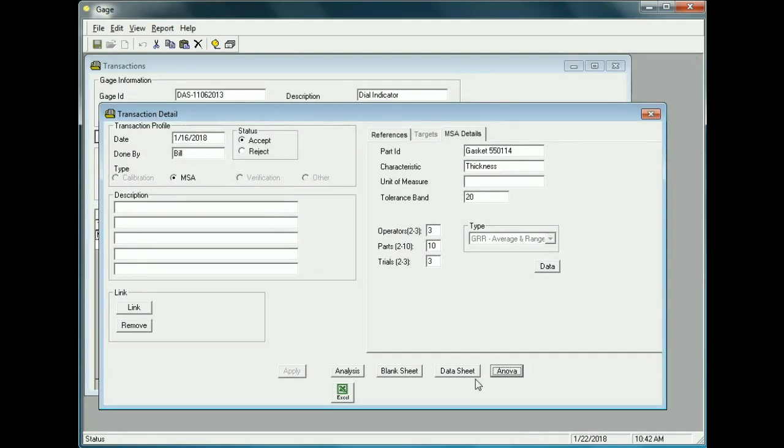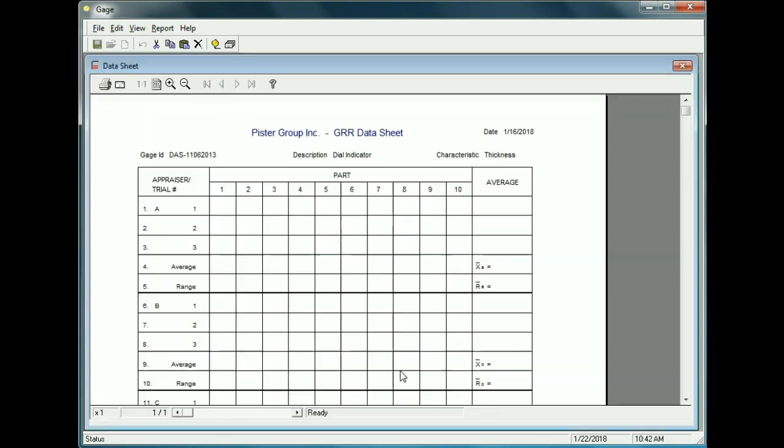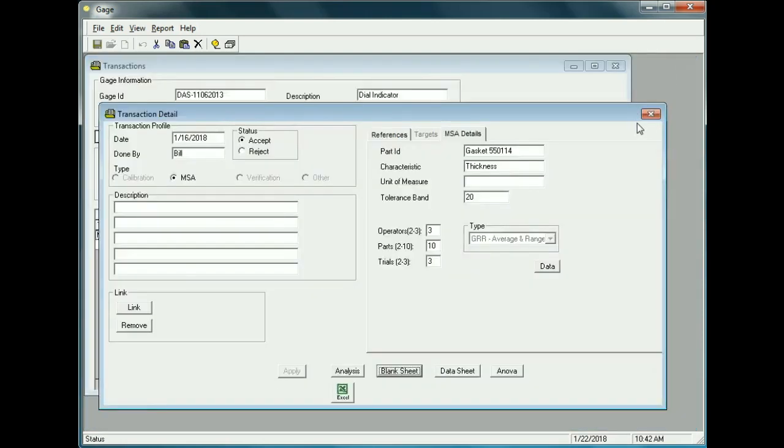By the way, you can also get a blank sheet out of this thing if you want, just to record all the information, but that's up to you. The other approach is to compare not against the total variation, but to compare against your tolerance band on the part that's being measured.